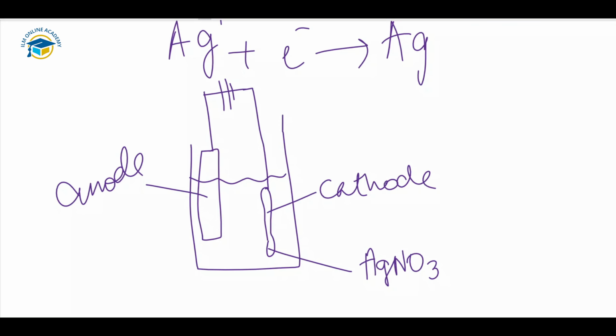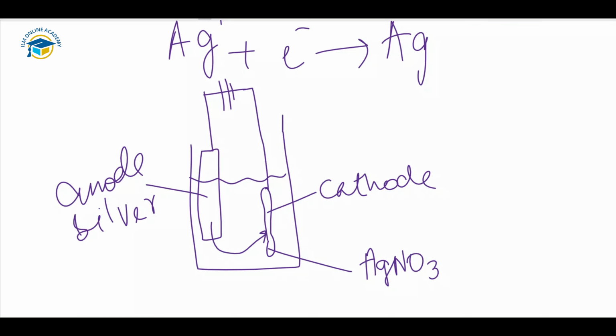So electroplating can be used to coat one metal with another. The anode is made up of silver and has a positive charge. That silver is deposited on the spoon at the cathode. This is how electroplating is done with silver.